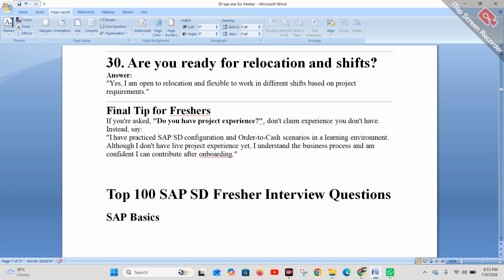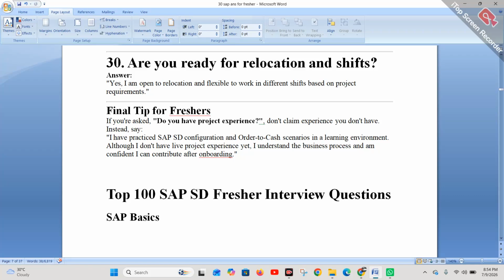If you are not also okay with the relocation and the shift, but then also give the answer yes, because in today's market the jobs are very rare and most of the jobs are out of the states. Means in Maharashtra there are very less jobs as compared to Bangalore, Chennai, Hyderabad and Noida.